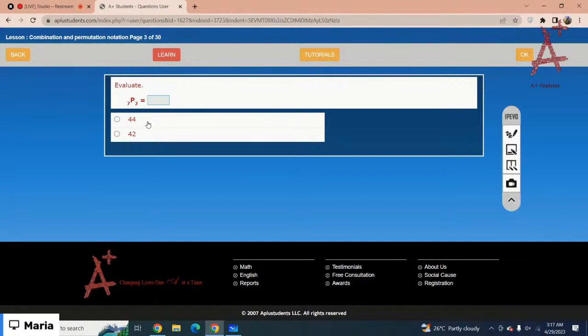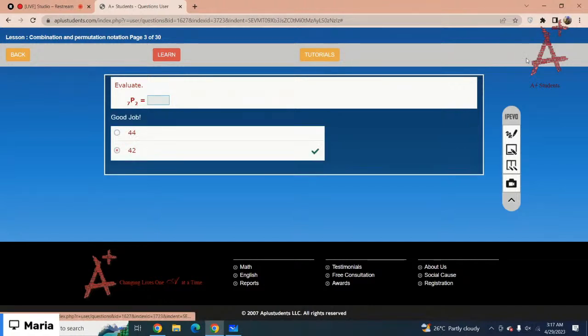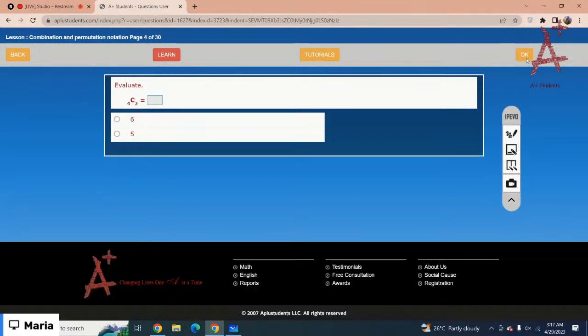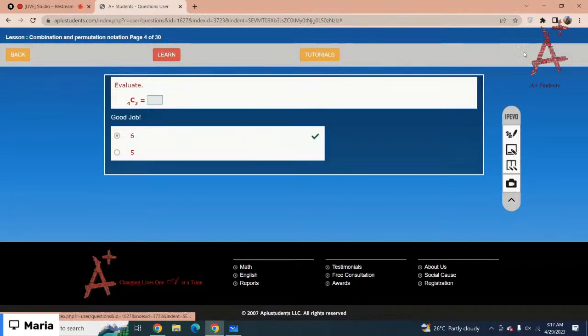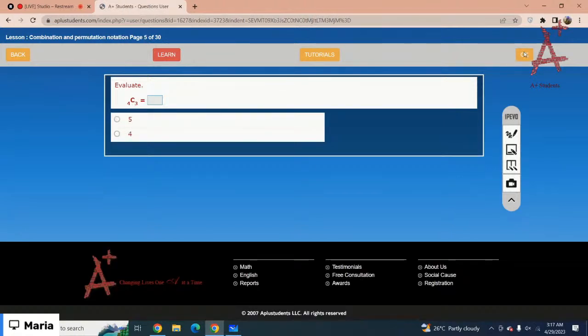So 5 factorial cancels, and 7 times 6 is 42. So the correct option is 42. The next one is 4C2. So which is the correct option? 4C2 is 6. You can use the combinations and the permutations formula and you can evaluate the values. Got it? Because I know the values, that's why.